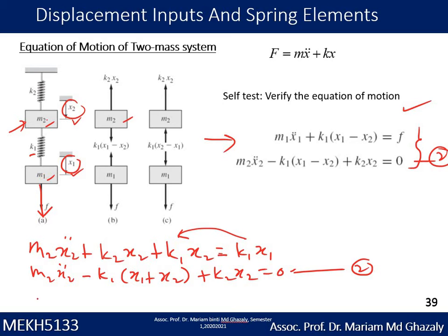So you have M1 here. What is connected to M1? You have displacement x1, M1 x1 double dot plus K1 x1. What else is connected to M1?